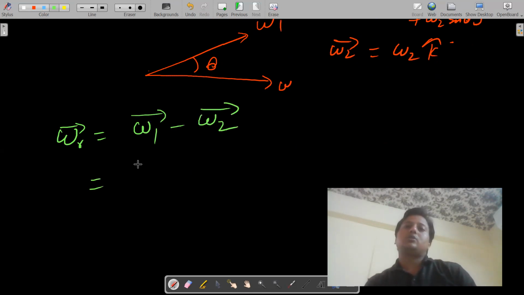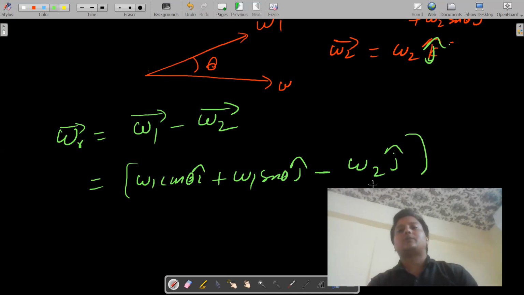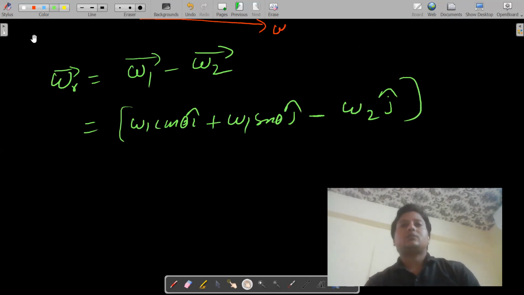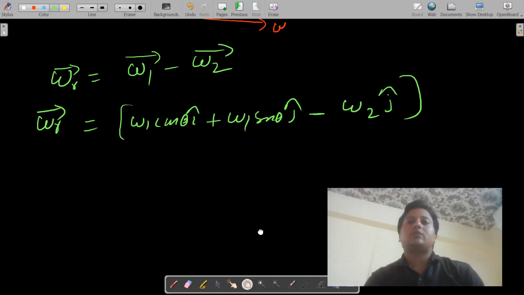And omega 1 is omega 1 cos theta i cap plus omega 1 sin theta j cap, and minus omega 2 j cap. So this is the resultant omega.